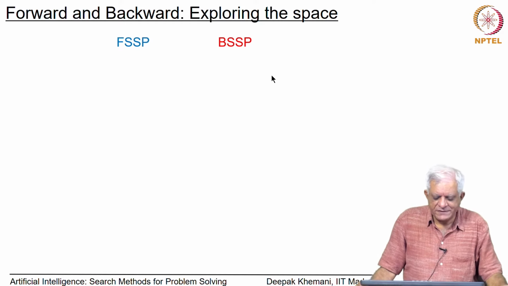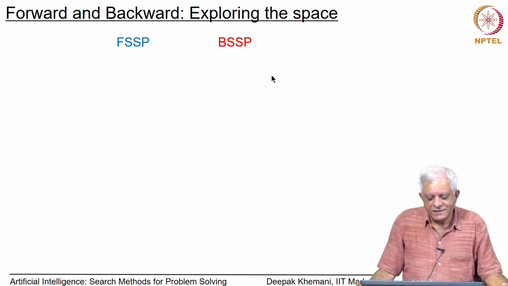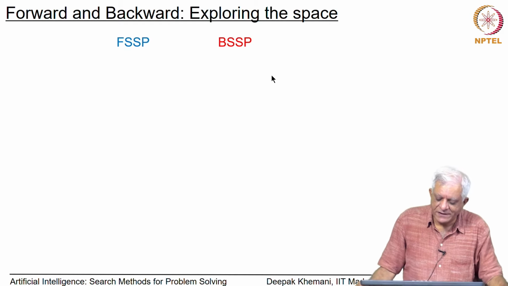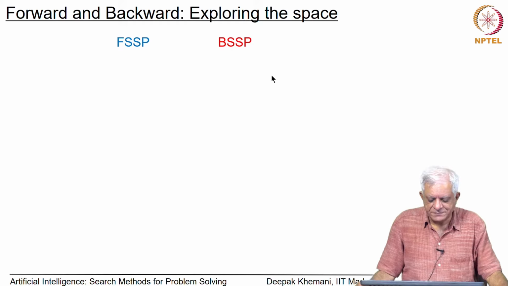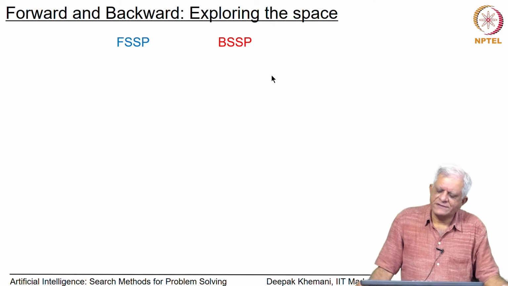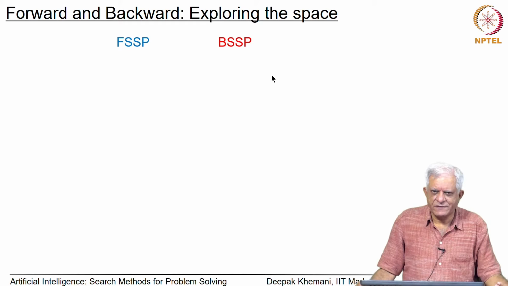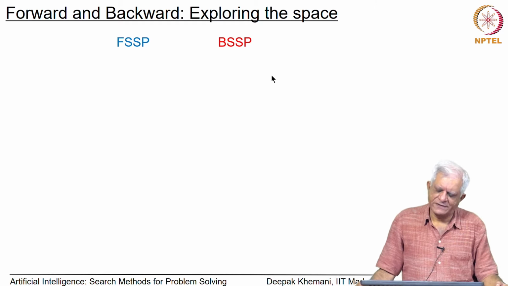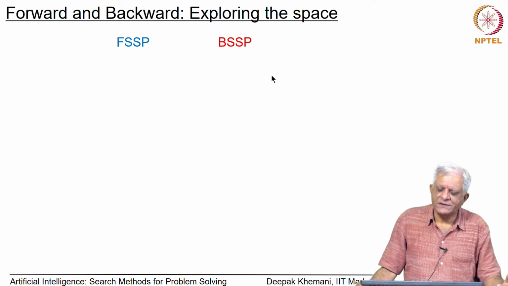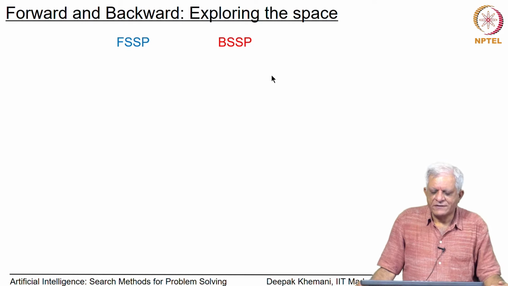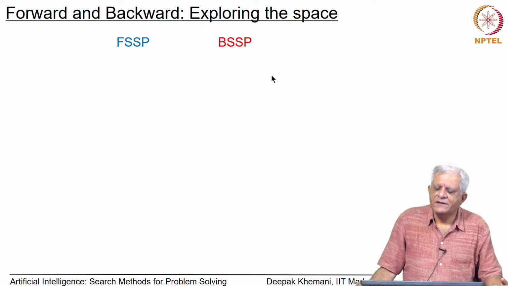So, how do these two algorithms explore the space? One is called forward state space planning, which starts from the start state and works towards the goal, and backward state space planning starts from the goal state and works backwards towards the start state. Backward state space planning is also associated with backward reasoning, which the people who work in logic had said that humans often tend to do: goal directed reasoning, thinking about the goals that they want to achieve and not about everything else that can happen in the world.